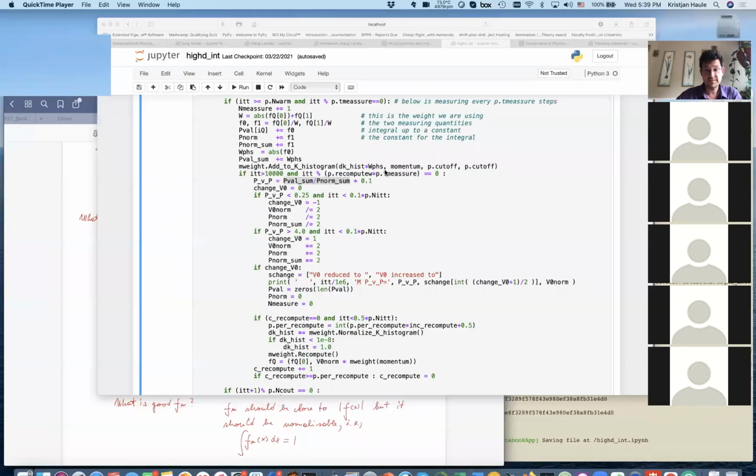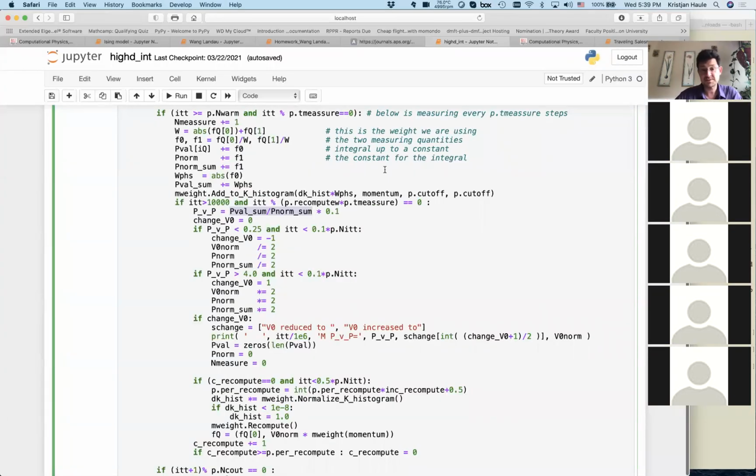So we constantly monitor this ratio, and it should be of the order of 1, let's say.